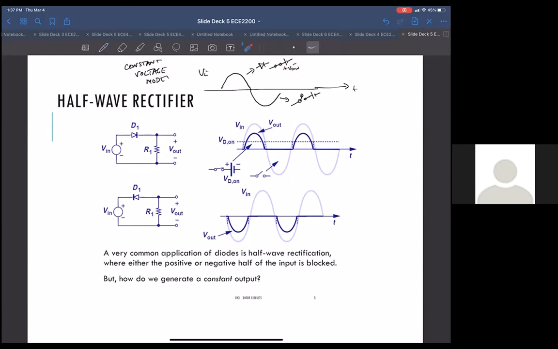So the output is going to look like Vin minus a Vd on, okay? And then when Vin gets to zero, or sorry, when Vin gets to Vd on, the diode turns off, and then we have to use this model of the circuit, okay? So basically what you end up with on the V output is a curve that looks like that.